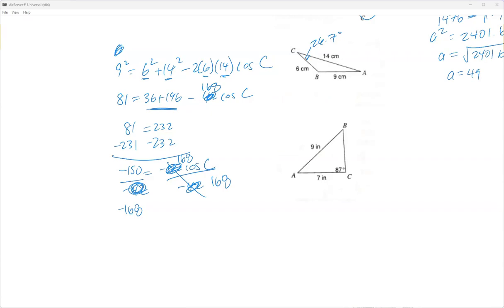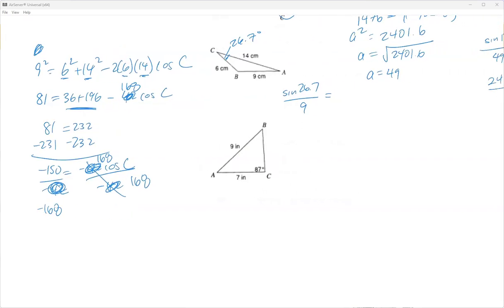Okay. So sine of 26.7 over 9 is equal to, let's say, sine A over 6. So 6 sine 26.7 over 9. 6 sine 26.7 divided by 9 is 0.3. And inverse sine of the answer.